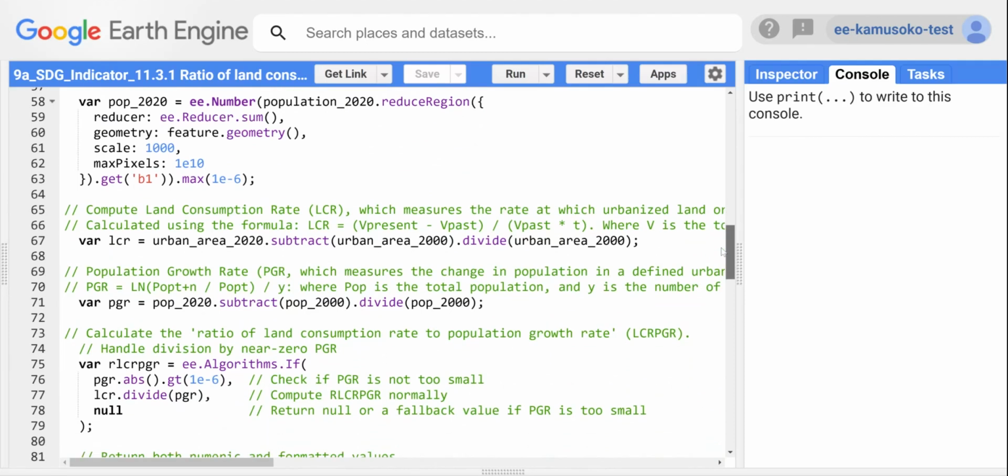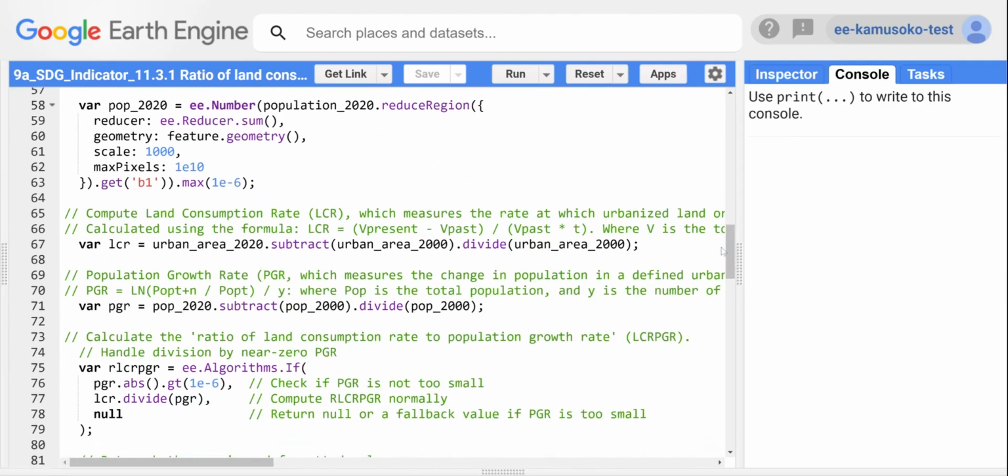Now we are going to calculate the land consumption rate. So what is the land consumption rate? The land consumption rate is just measuring the rate at which the urbanized land changes over these two periods.